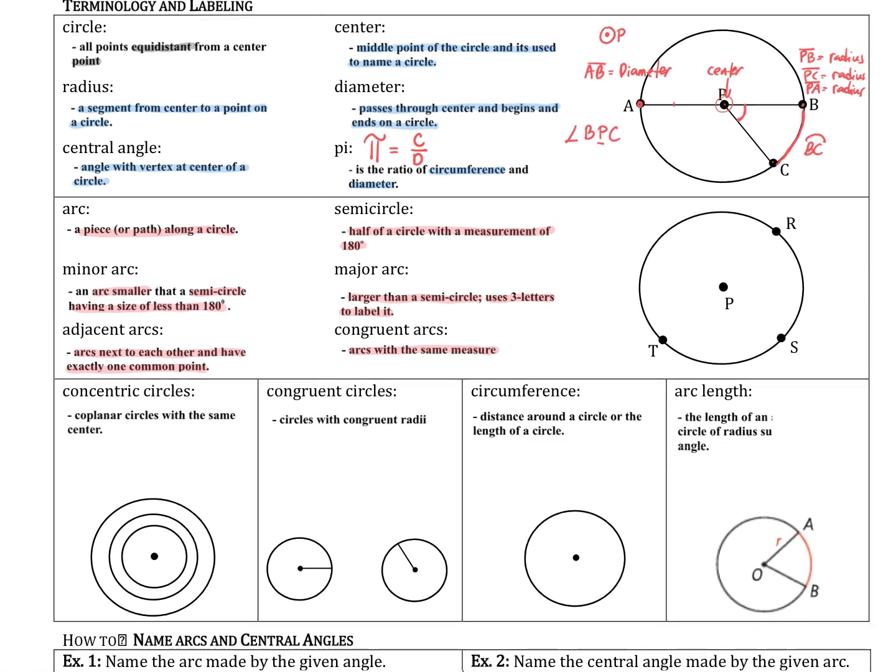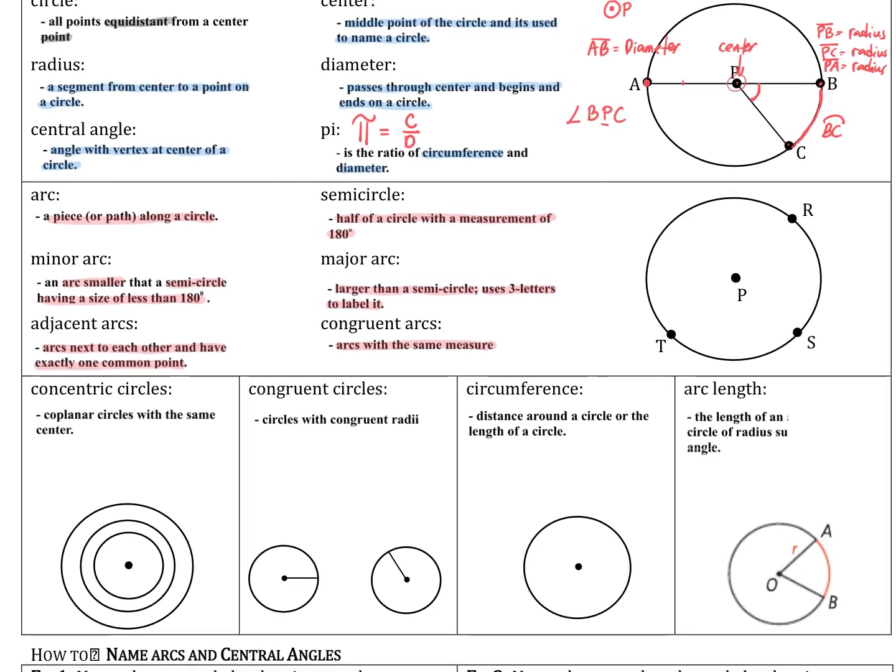So let's look at this circle right now. The center is P, so we have circle P. This is the center. We're going to create a diameter here.